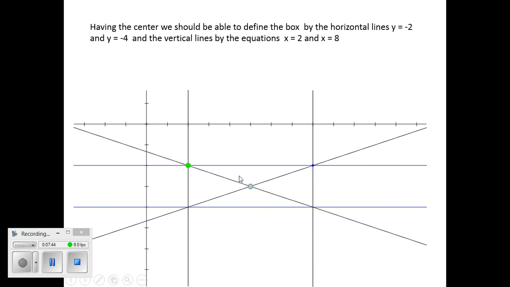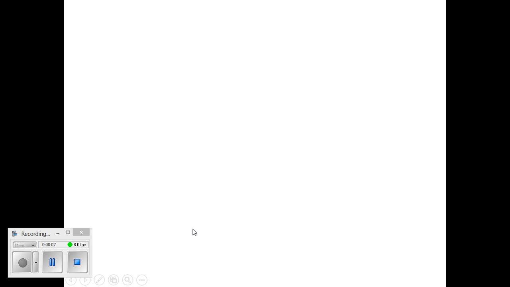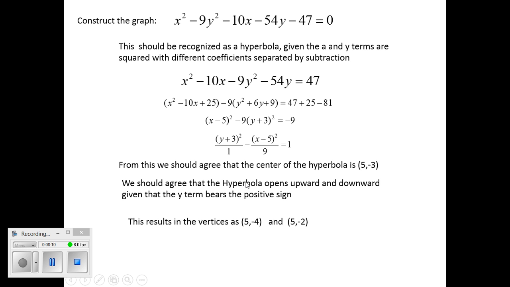Okay, so we constructed the box, having the center there as we saw, 5, negative 3, and we came left and right to define our boxes. As we see here, the lines that define our boxes, just going back there a sec, okay, we define our boxes in y, 1 unit above and below the center, and 3 units left and right of the center.